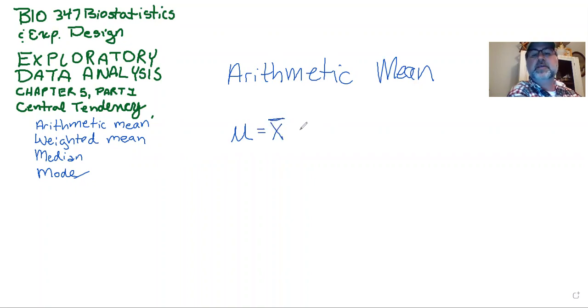That's the mean. What we want to do is sum up our observations and divide by the number of observations. And that's it. Hopefully you've seen this calculation many times, and hopefully you've actually done it many times before.